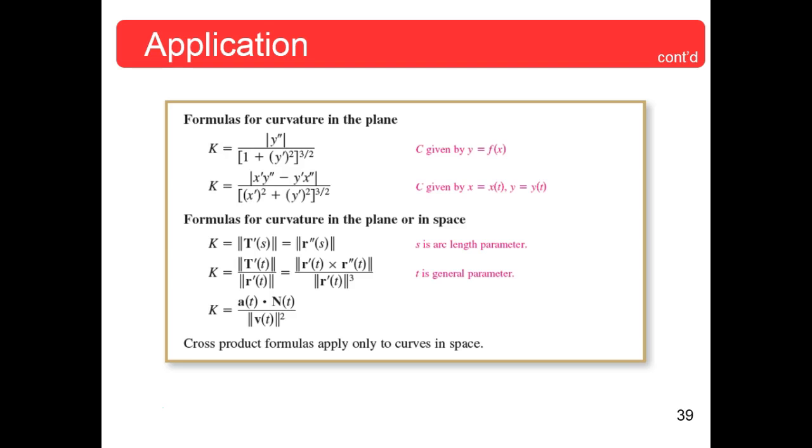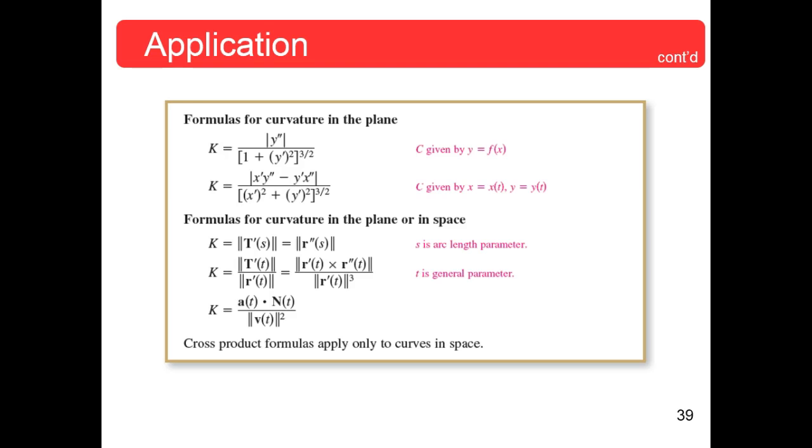Really simple formulas, but most of the time the arc length parameter is a very difficult thing to define, and getting it in terms of that is not particularly easy. So it's a simple looking formula, but to get there can be very complicated, next to impossible.